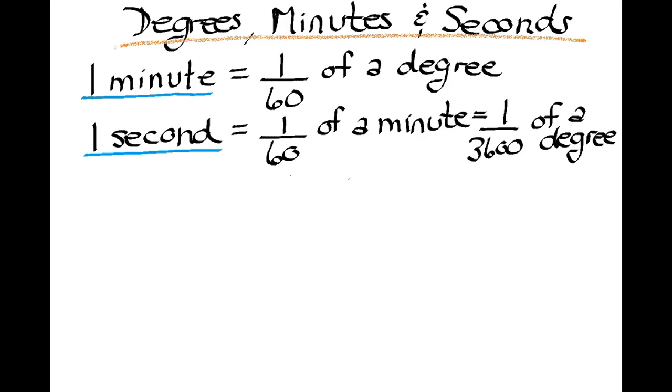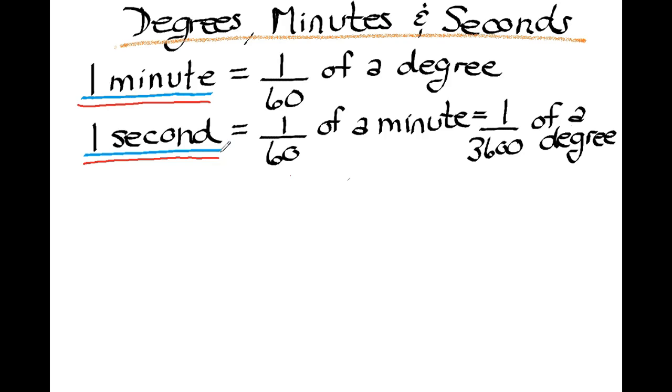So 1 minute equals 1/60th of a degree, just like 1 minute on a clock is 1/60th of an hour. Then 1 second is 1/60th of a minute, just like on a clock.